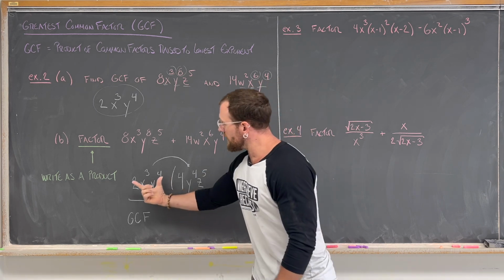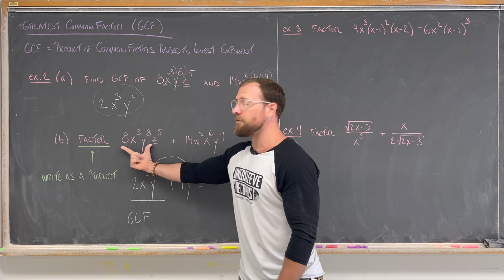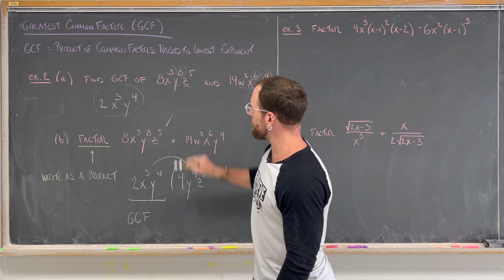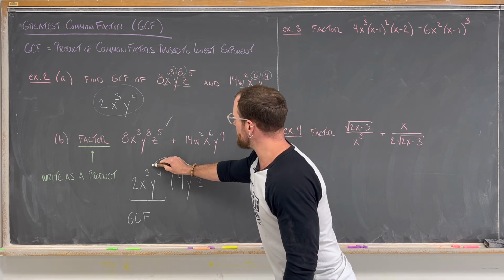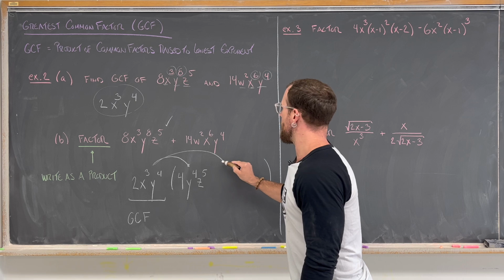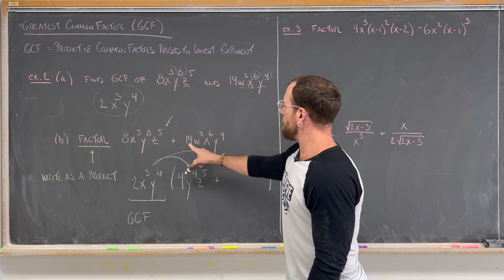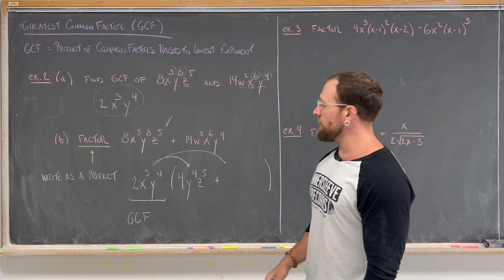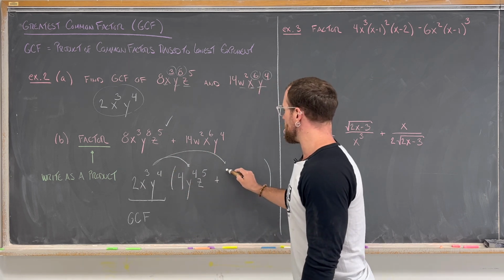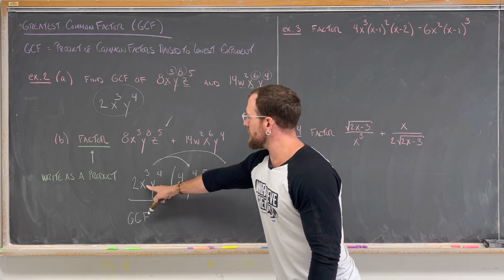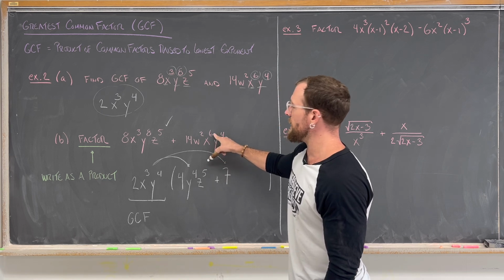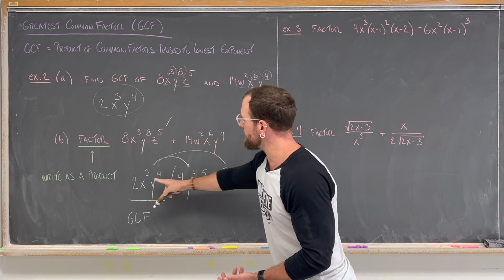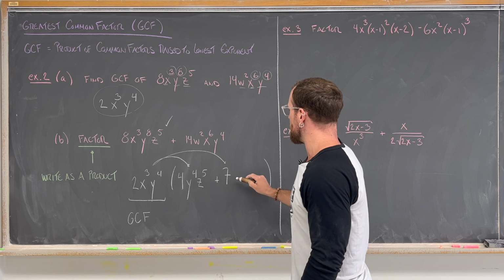Now, you can check that this times this does give me this first expression. What would I have to multiply this by to get positive 14w squared x to the 6th y to the 4th? Well, the 2 would have to get multiplied by a 7. Or, I'm sorry, x cubed would have to get multiplied by x cubed.